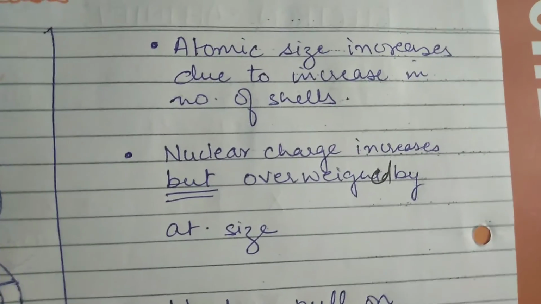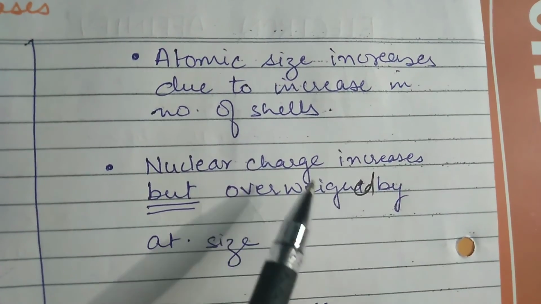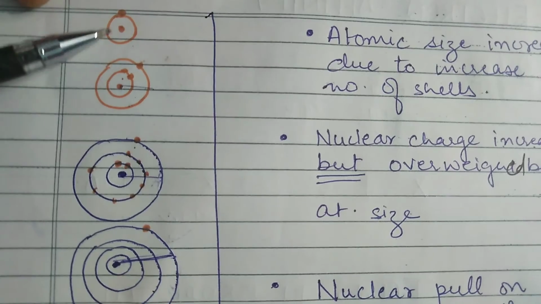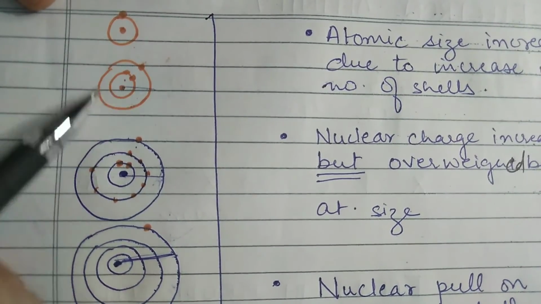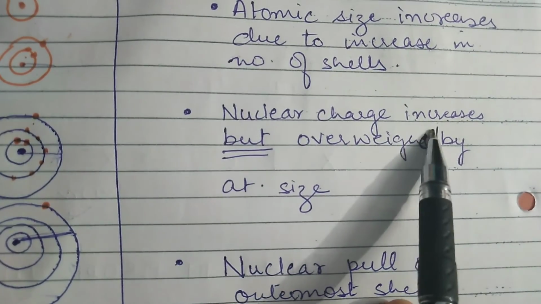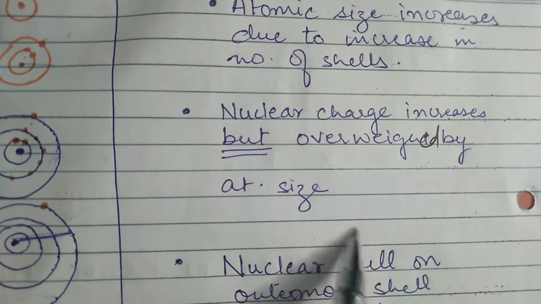Now let us see it in a nutshell. Atomic size increases due to the increase in the number of shells. When you are moving down the group, the number of shells is increasing. Nuclear charge increases but is outweighed by atomic size.